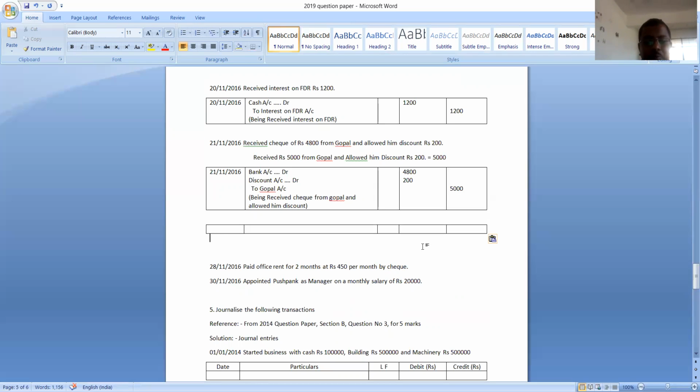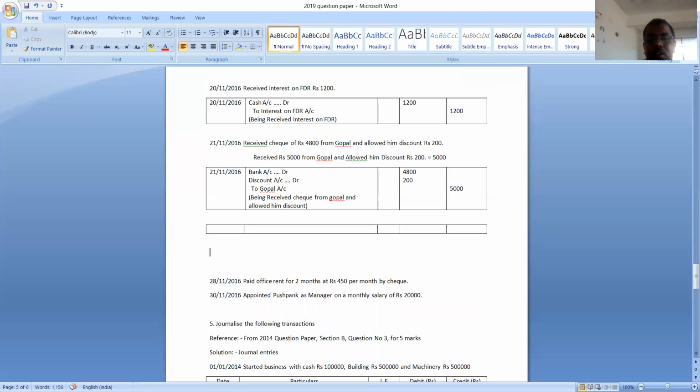Let us take the second statement: received rupees 5,000 from Gopal and allowed him discount rupees 200. Here you are not receiving it in the form of check, you are receiving it in the form of cash. So which are the accounts? One is cash account. As they said, you allowed him a discount, so another one is discount account.